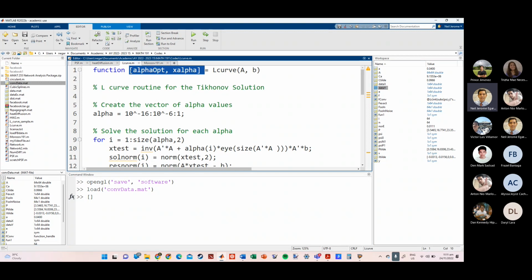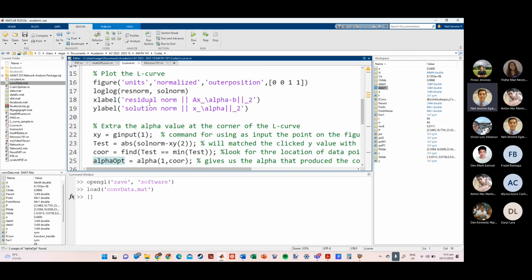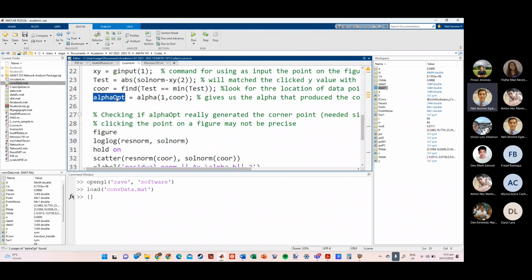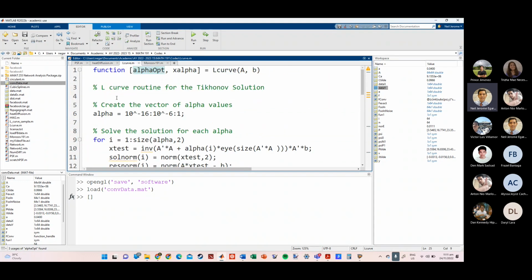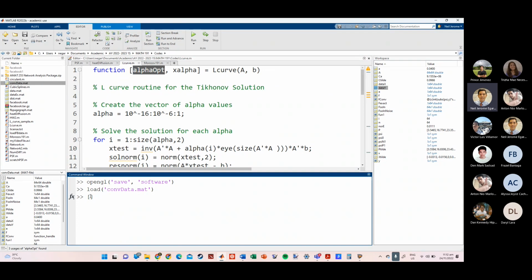Yung alpha optimal, it refers to the variable alpha optimal that will come out of the L curve. So makita nyo, dun sa loob ng external function, may kinocompute siya na alpha opt. So whatever alpha opt is, ito lang yung ibibigay niya na output. But you can save that output in any variable that you like. So for instance dito, alpha opt, siya yung first output. Pwede kong tawagin yung magiging output ng L curve to by another name.